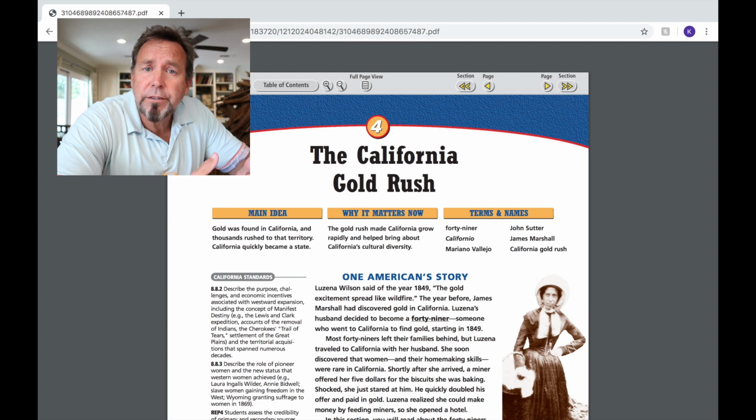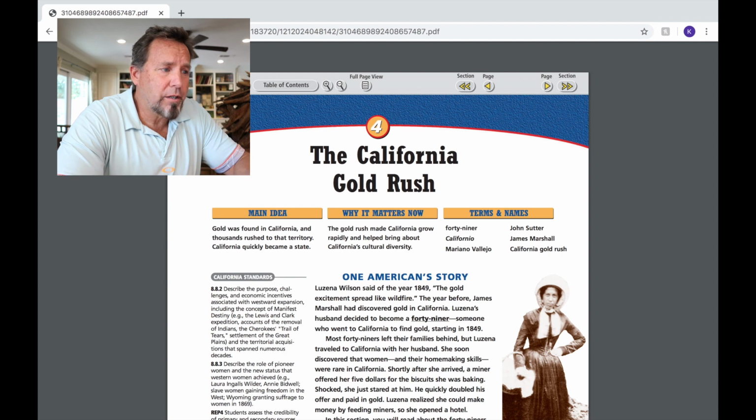One of the cool things about this time period that we're studying is, and we've talked about it before a little bit, but just to review it, prior to the 1840s, there were hardly any photographs because photography just had not been refined to the point where it could be used. I think the earliest photographs were in the late 1820s.